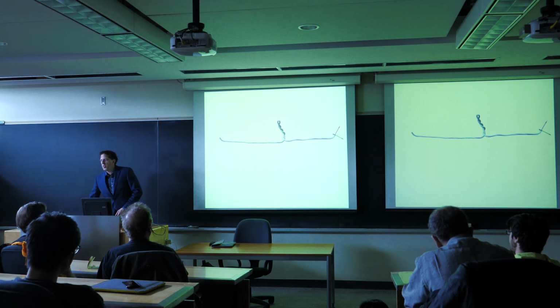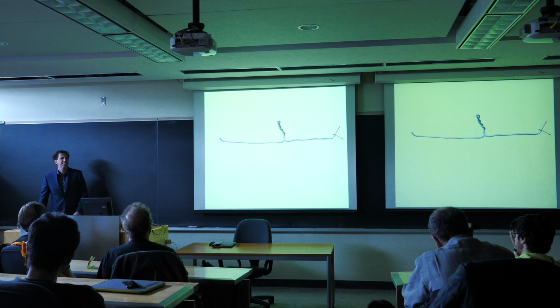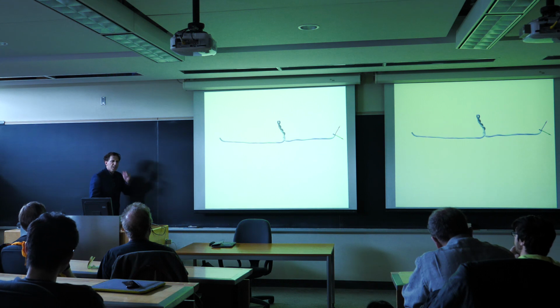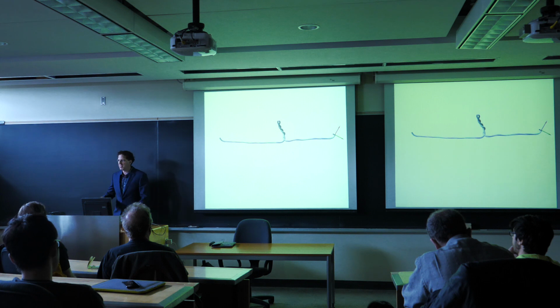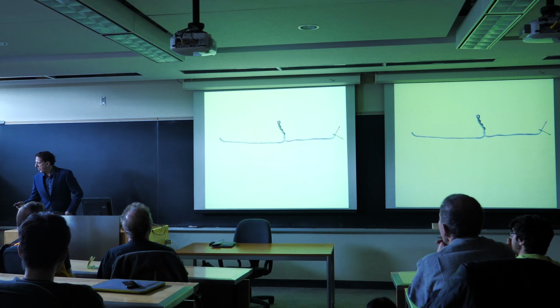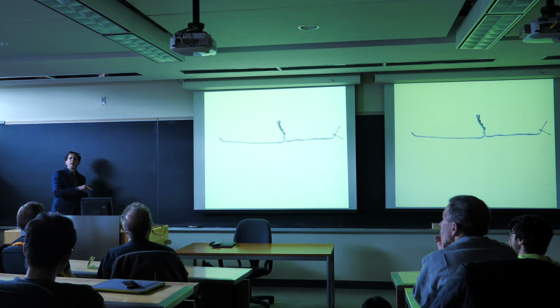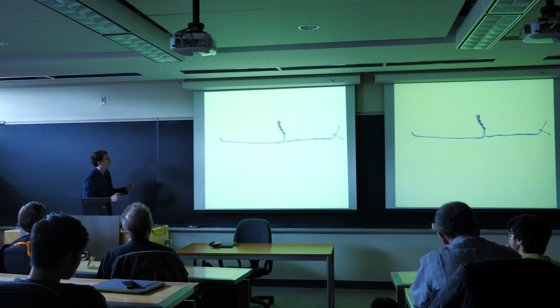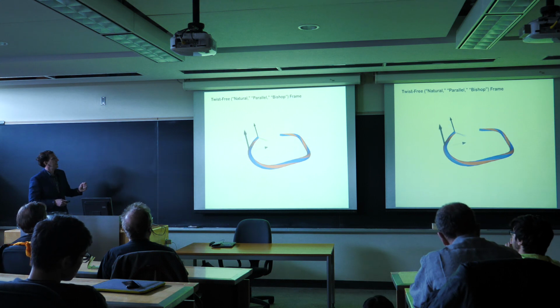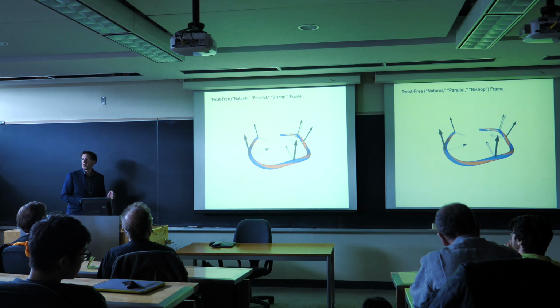And maybe the first time I said framed curves, the geometers in the audience probably said, I know, Frenet frames, they're great. So Frenet frames are very useful, but they're not the right structure for this notion of a twist-free frame. Instead, what's the right structure, according to Langner and Ziegler, is this natural, parallel, or Bishop frame.